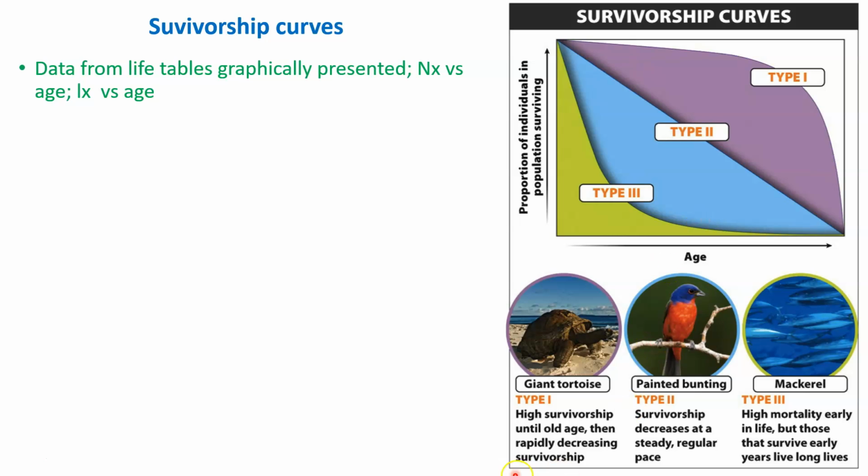If you look at the survivorship plot, on the x-axis you are looking at the age, the first column in your life table. And the y-axis is the proportion of individuals surviving in the population you study. So that is the lx, the column before fecundity.